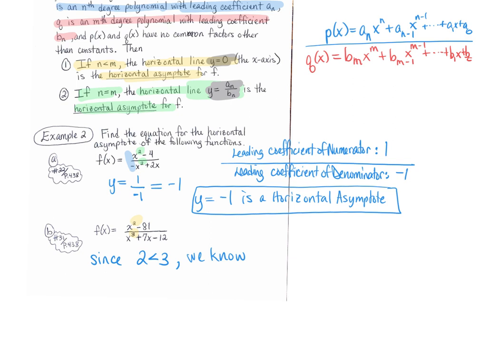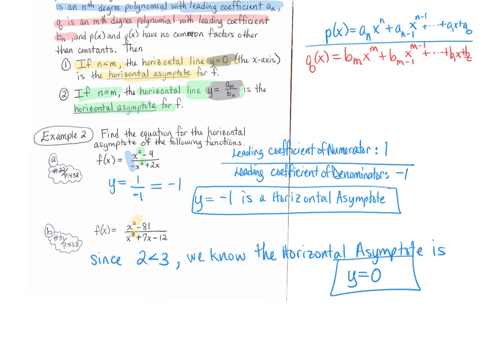We know the horizontal asymptote is what? Y equals 0. Very good. So y equals 0 is your horizontal asymptote. That's what we know. Okay? What questions do you have?